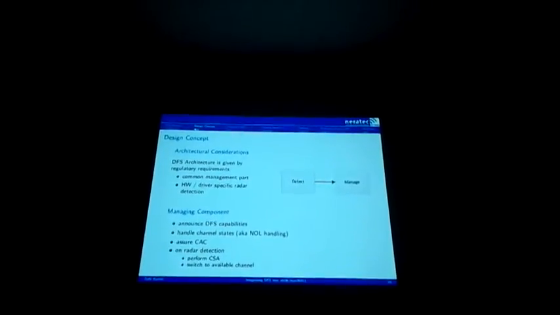You might need this NOL handling, which is historically grown and means non-occupancy list handling. The other thing it has to assure is the channel availability check times, and as said, when radar is detected, inform your stations and switch as soon as possible to some other channel.